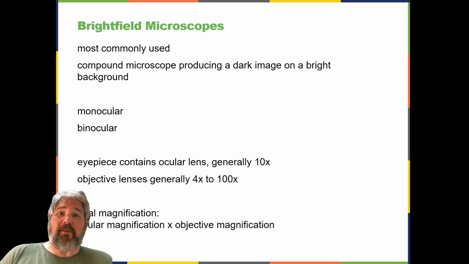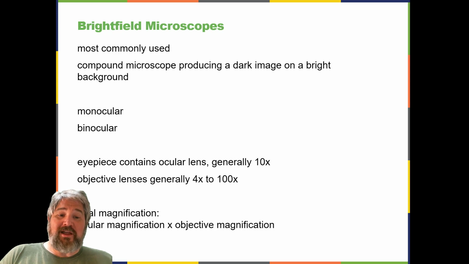Also, it is not uncommon to see triocular Brightfield microscopes, though generally the third eyepiece is connected to a camera. In either case, each eyepiece contains a lens called an ocular lens. The ocular lenses typically magnify images 10 times, or 10x.